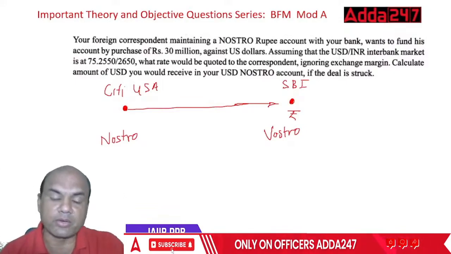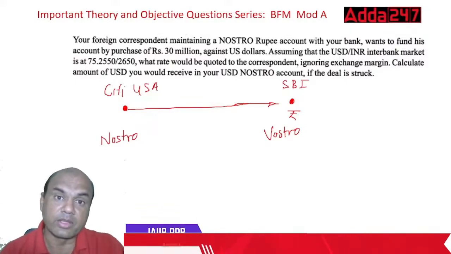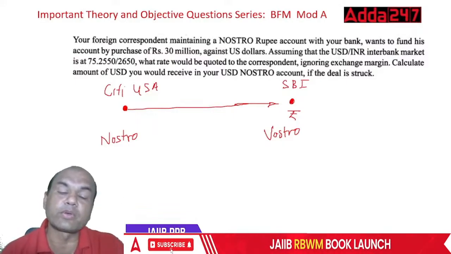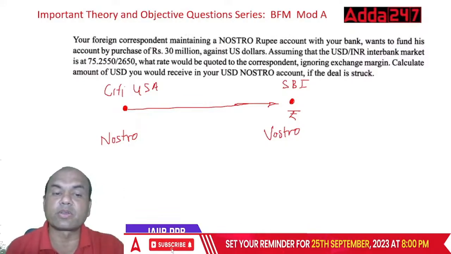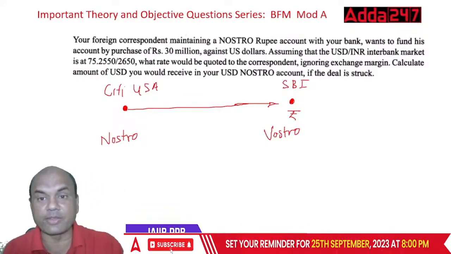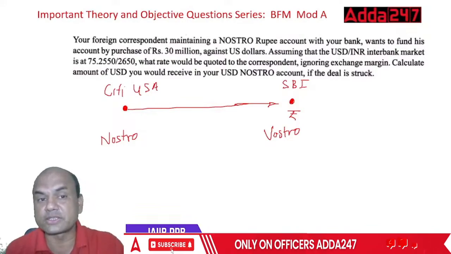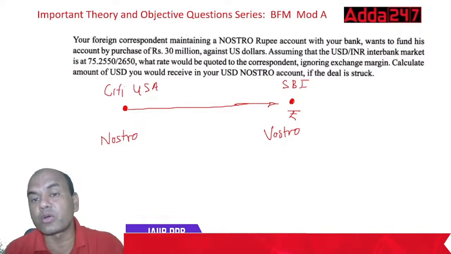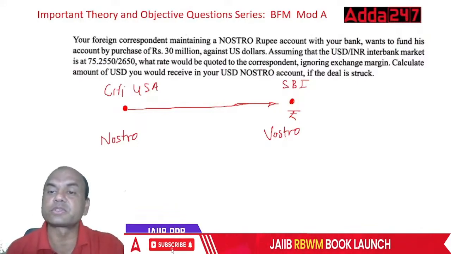They are the same account. Only from whose angle are we looking at it? That's important. Citibank will call this account Nostro and SBI will call it Vostro. That's why it said the correspondent bank is maintaining a Nostro Rupee account with your bank. So you are calling this Vostro.